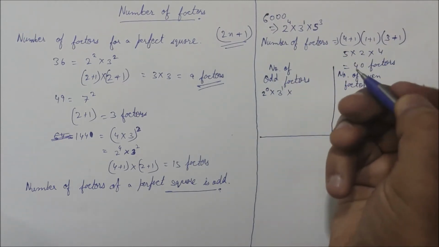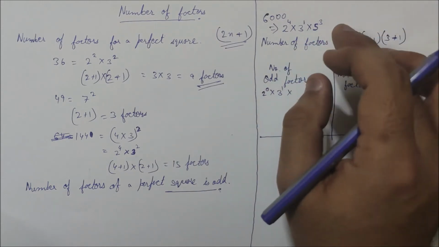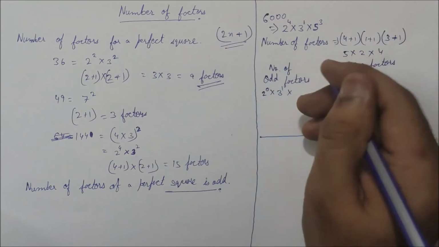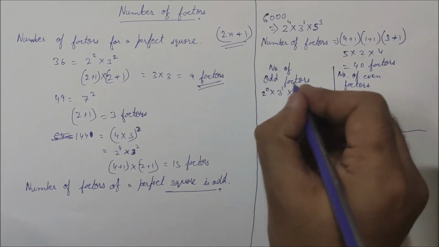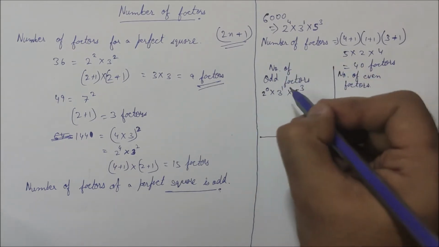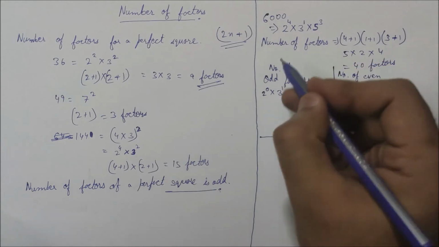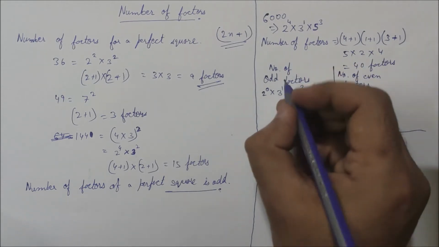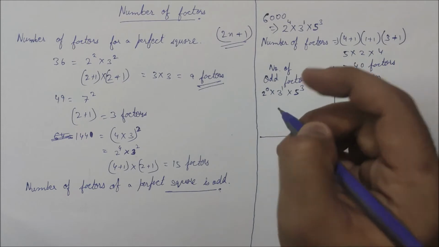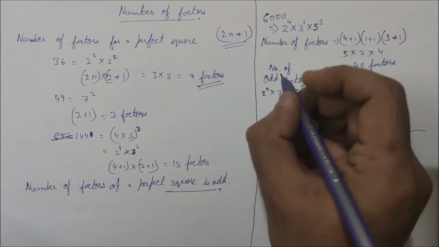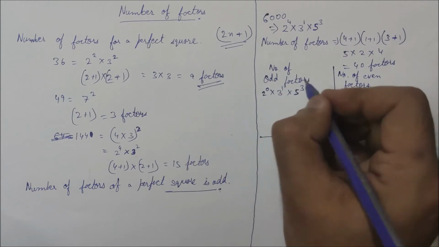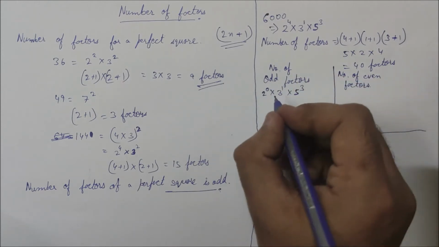For 5 also there is no restriction, because any number of powers of 5 will always result in an odd number. So 5 to the power 3. So these are the available options for calculating the number of odd factors. I can't take even a single power of 2. Only 2 to the power 0 is the option that I can take while calculating the number of odd factors.